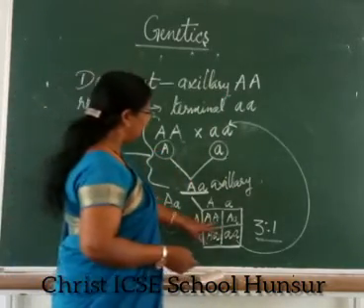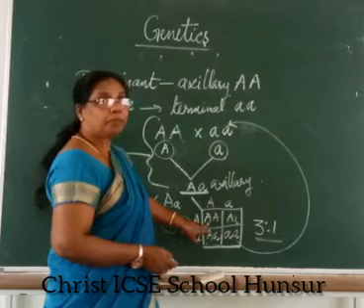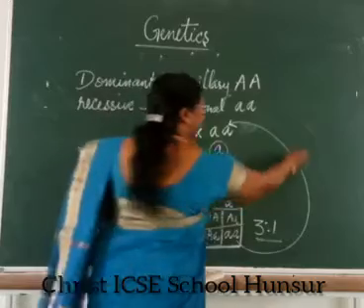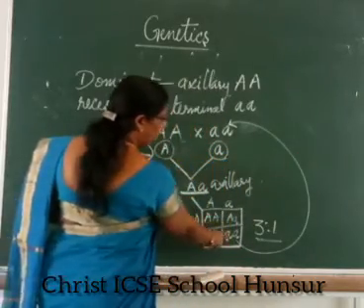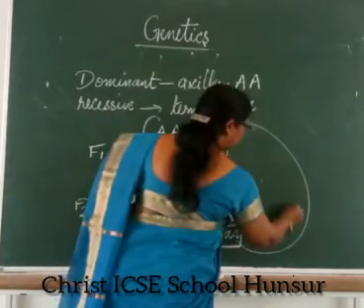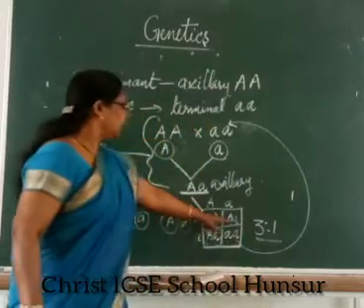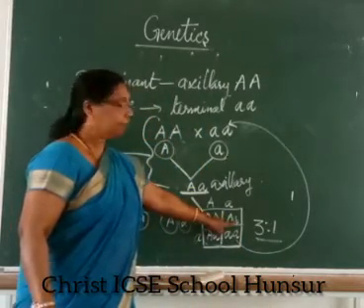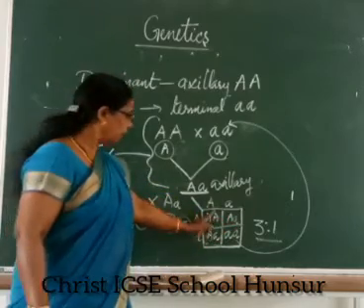Here capital A, capital A, how many are there? Only 1. Then capital A, small a. Here 1 is there, another one here. Any other?